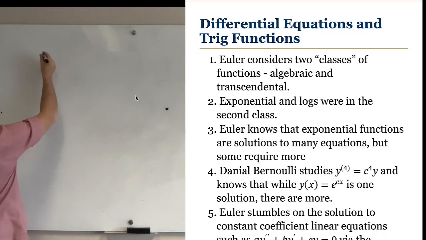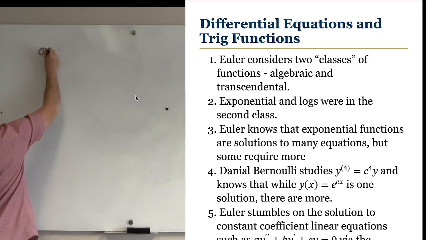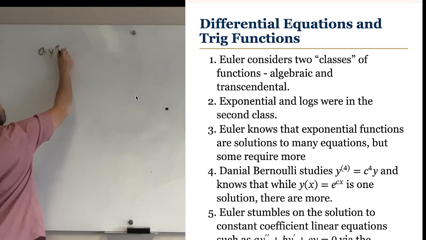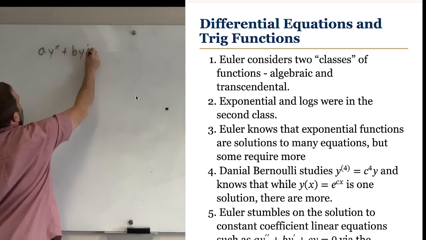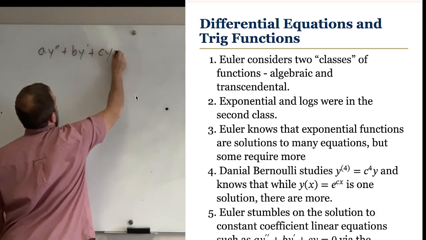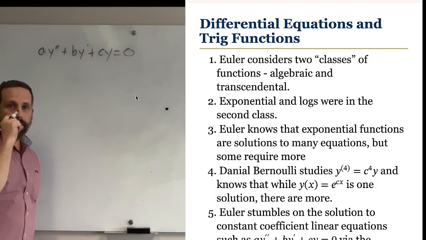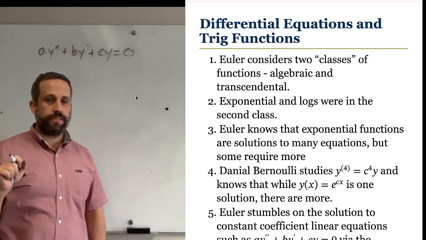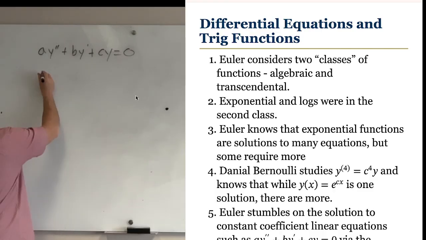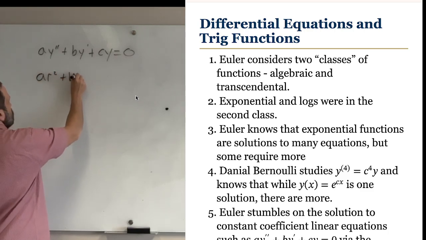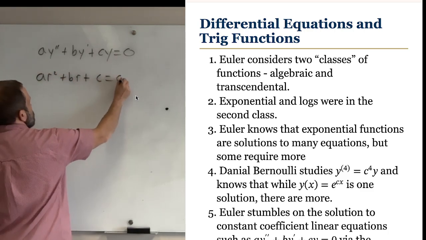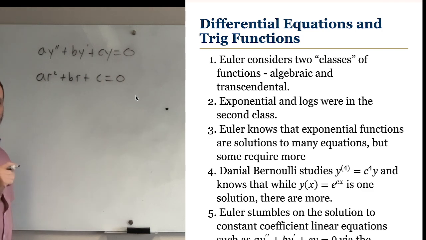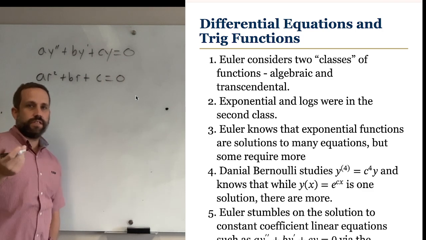He starts to think about this a little bit. And he begins to study, for example, differential equations of the form a y double prime plus b y prime plus c y equals 0, and higher order differential equations as well, where a, b, and c are constants. And he realizes if I look at the algebraic equation, a r squared plus b r plus c is equal to 0, then I can solve this in the following way.